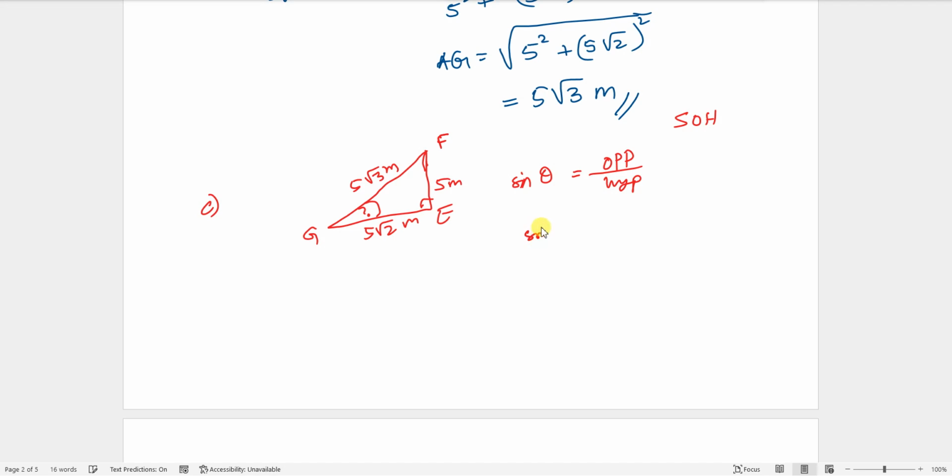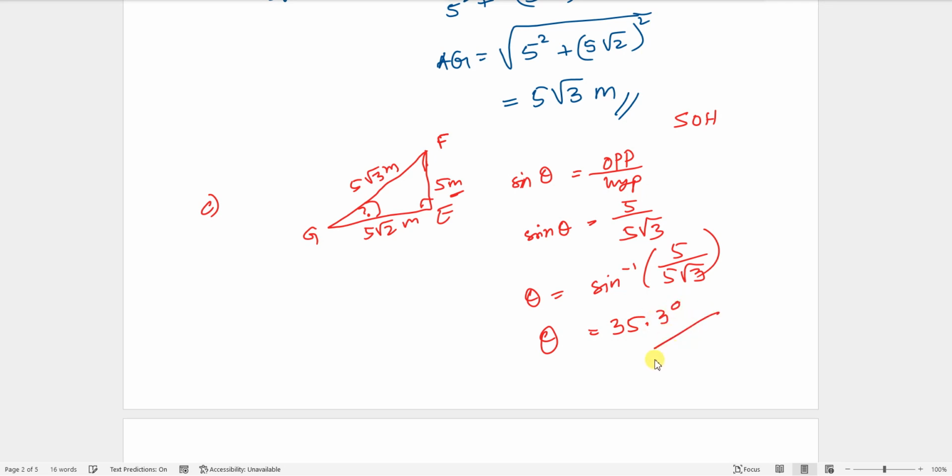So sine theta is equals to, let's say this is the opposite, so 5, and this hypotenuse 5 root 3. So theta is equals to sine inverse 5 over 5 root 3. So therefore theta is going to be 35.3 degrees. So that is the end of question 2.